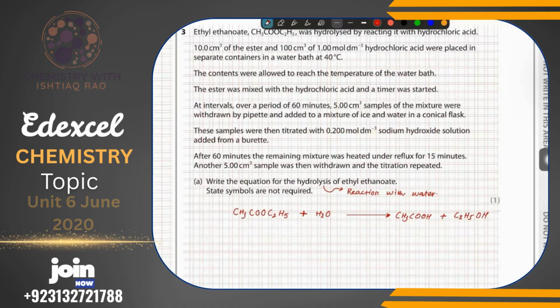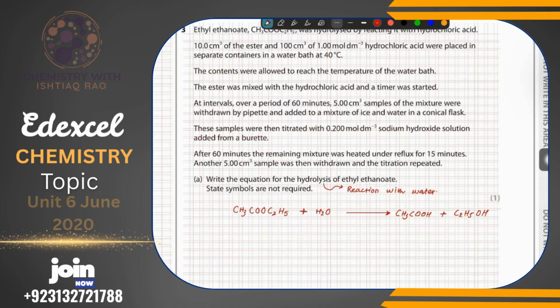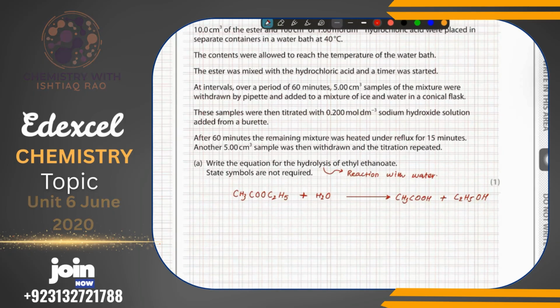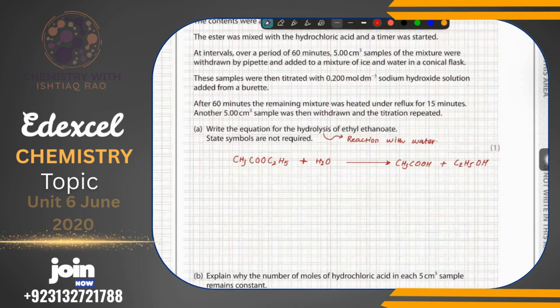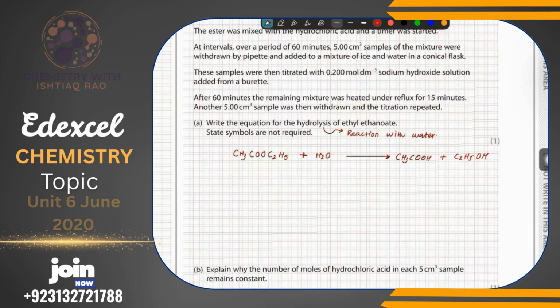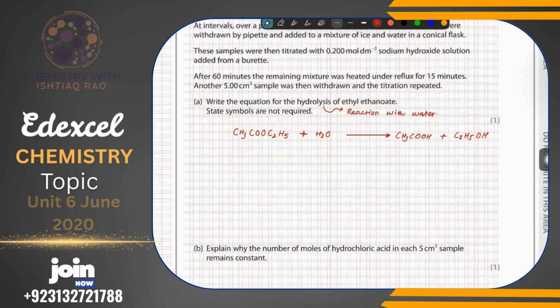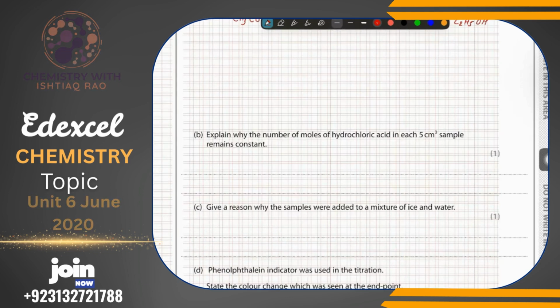The ester was mixed with the hydrochloric acid and a timer was started, with samples taken at intervals over a period of 60 minutes. They were titrated with sodium hydroxide. After 60 minutes, the remaining mixture was heated under reflux for 15 minutes. Explain why the number of moles of HCl in each 5 cm cube sample remains constant.